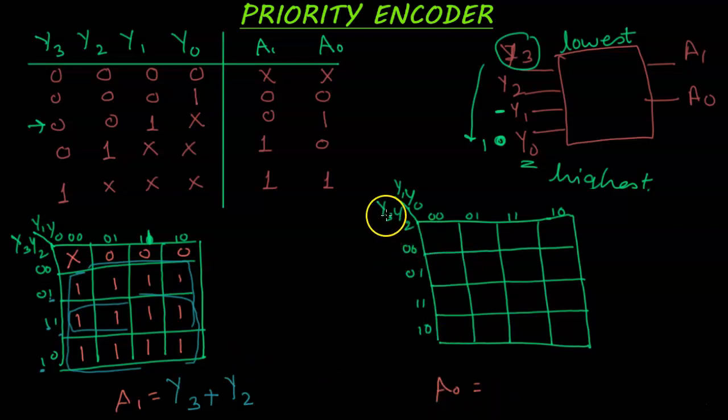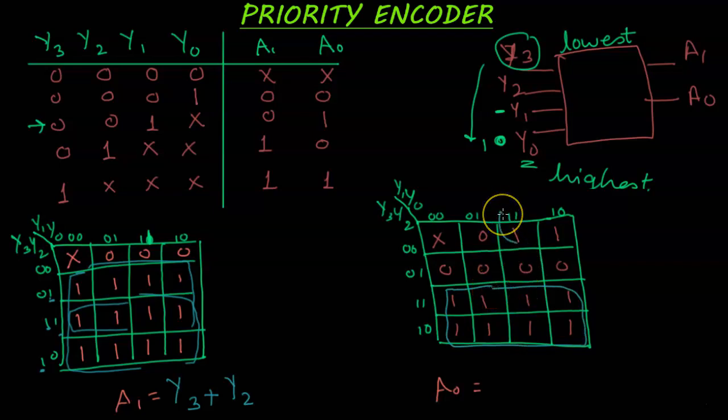Now moving on to the equation for A0. When Y3, Y2, Y1 and Y0 are 0, 0, 0, 0, that is X. So we have X. And then we fill up the other spaces similarly with 0, 0, 0, 0, and for these two combinations we have 1, 1, 1, 1, 1, 1, 1, 1. Now forming the groups again, this is the first group that gets formed.